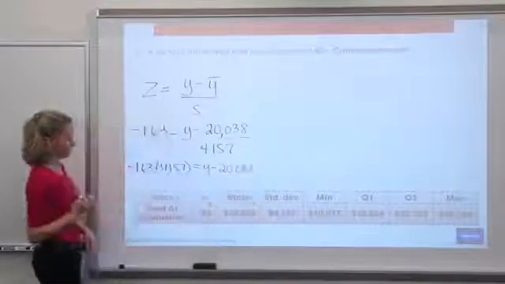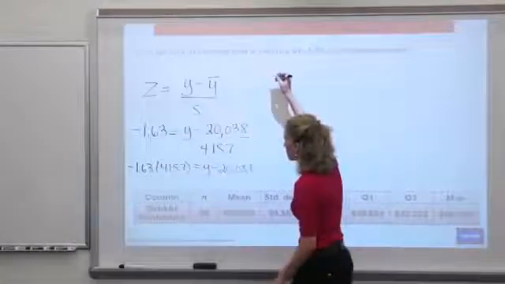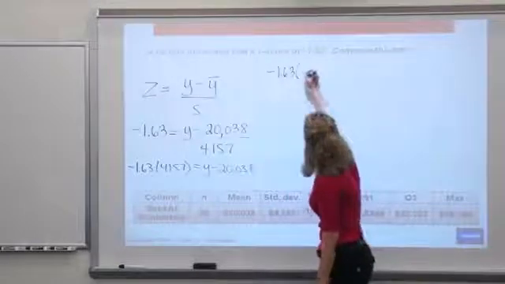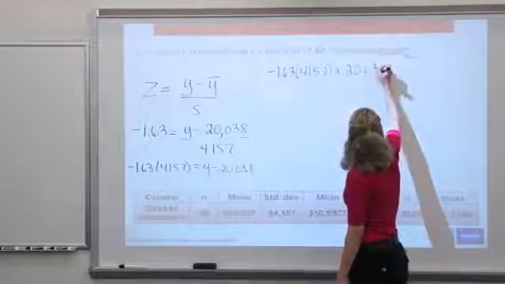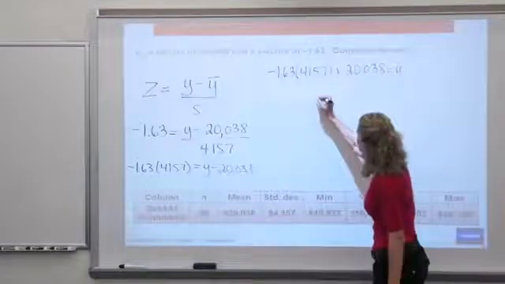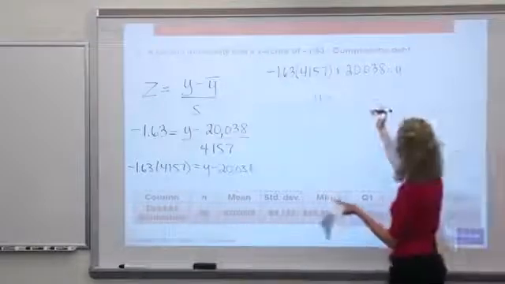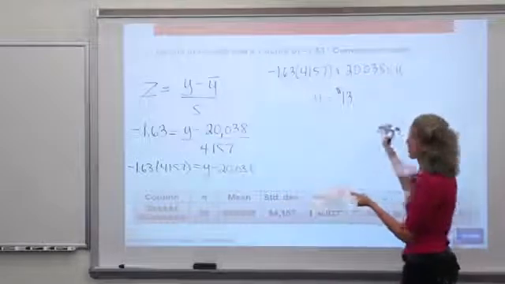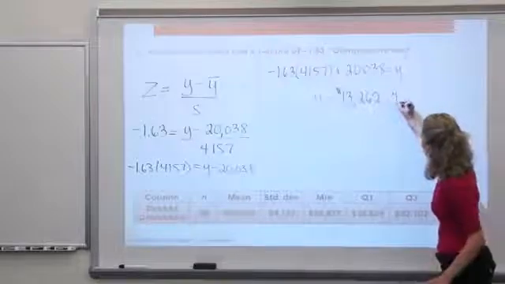And then I'll add the $20,038 to both sides, and we'll have our debt for this particular school. And so if you do that, we will find out this corresponds to a school with a debt at graduation of $13,262.09.